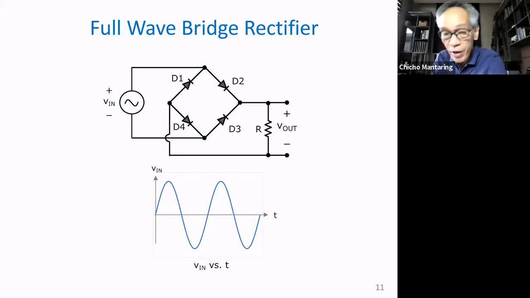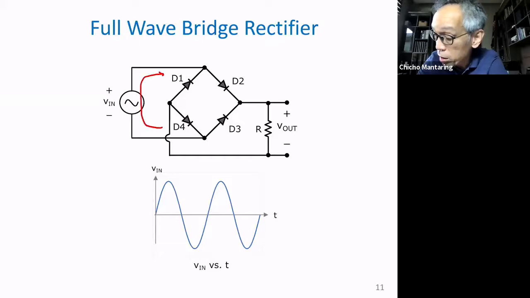Let's try to intuitively determine which diodes are conducting and which are not during both the positive half cycle and the negative half cycle. Let's take a look at the positive half cycle. During the positive half cycle, our current tends to flow clockwise, because the top terminal of the source is positive with respect to the bottom terminal.